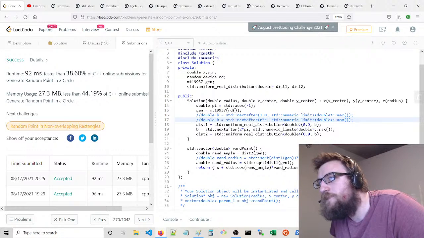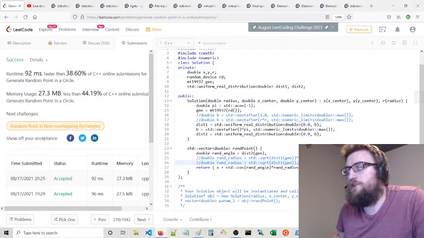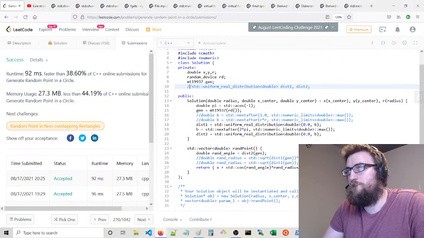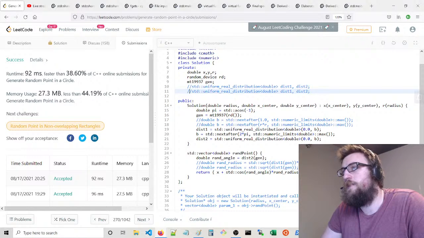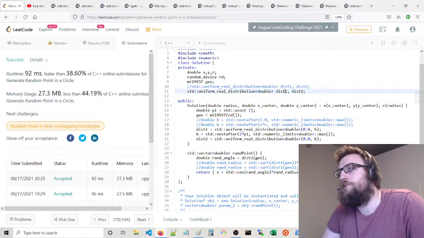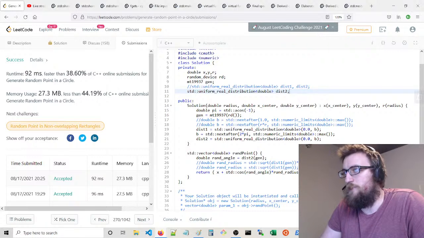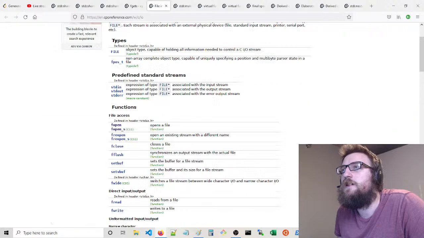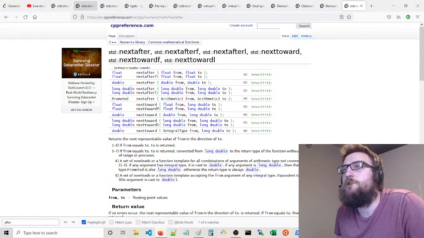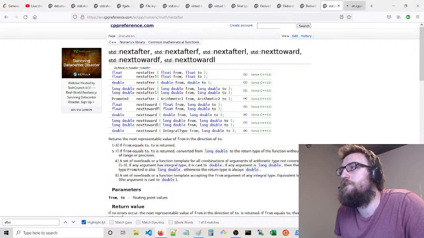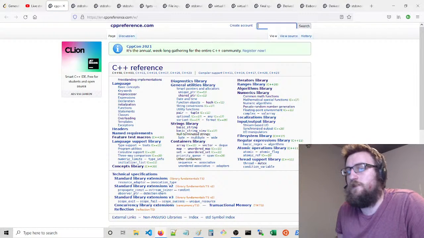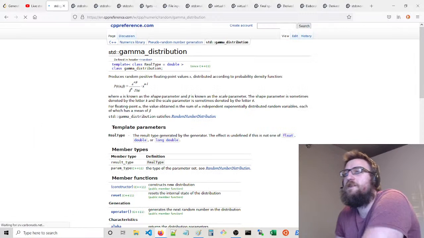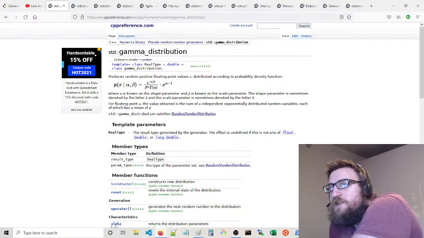So we're going to say this random radius we want, we'll do dis2, and we're going to have a standard gamma distribution. If you can imagine that, using a gamma distribution.